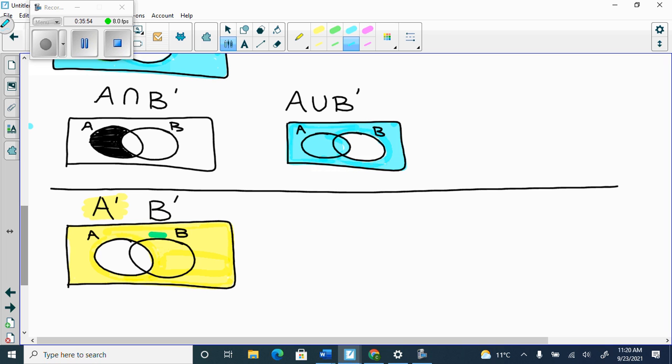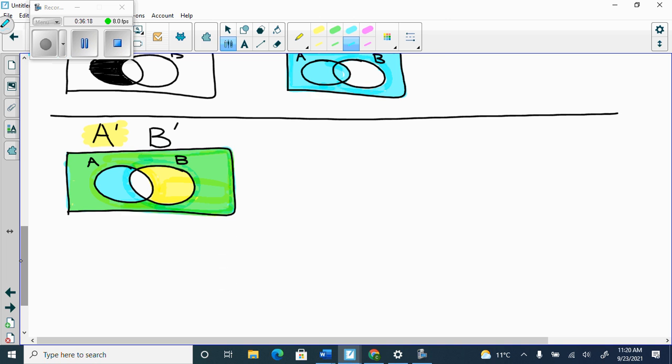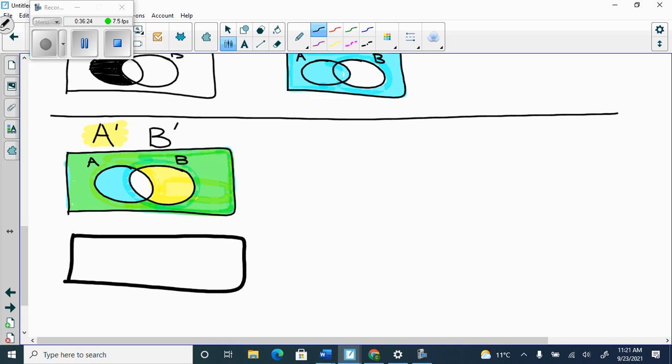Then I do not B. Then for A and B, I shade where they both are, which in my case is the green, which is actually the whole outside, everything but the or.